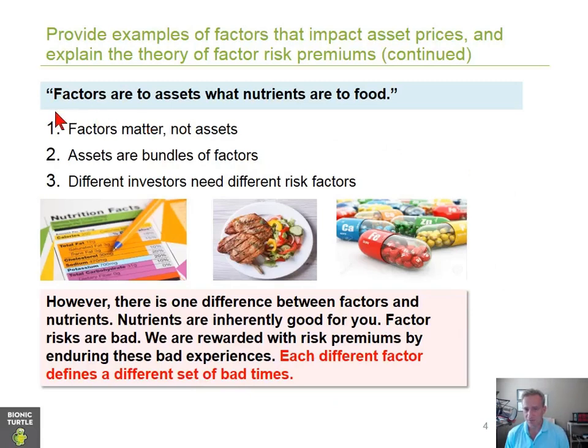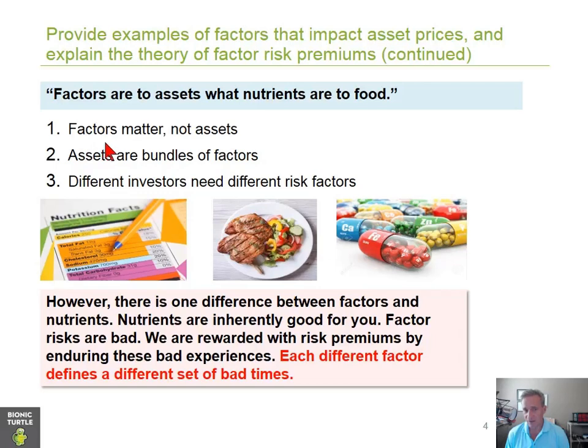Okay, so factor theory. I pulled this quote out because there's a nice analogy: factors are to assets what nutrients are to food. I think that's a neat metaphor, and a key idea here is that factors are not assets, and we want to move beyond asset labels. There are three subpoints.